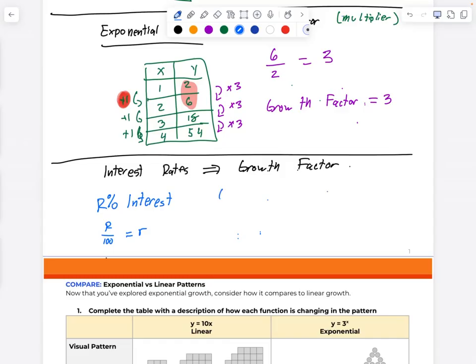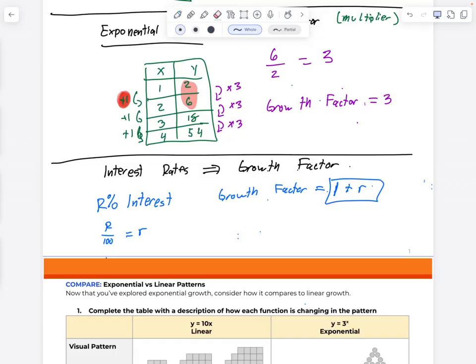Now this answer should be a number like 1 point something. So for example, if it was 2%, you're not going to do 1 plus 2, because if you did 1 plus 2, you'd get 3. That's too big. Your answer should always be 1 point something.